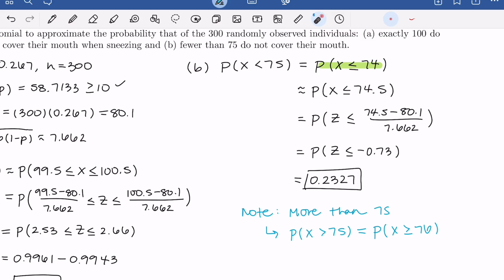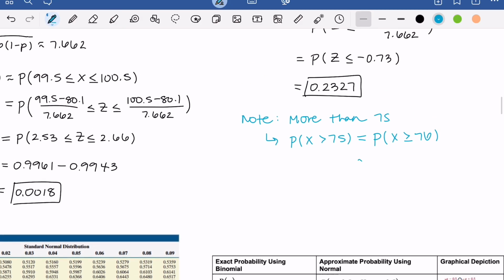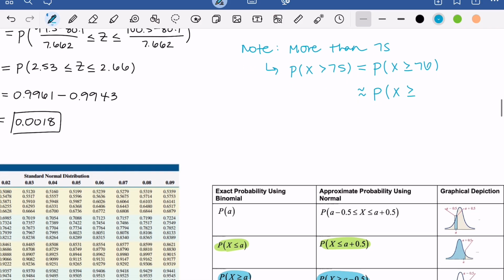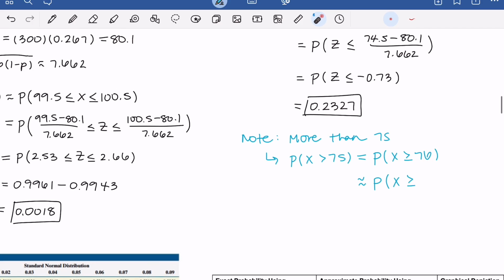We are looking at values greater than 75, which includes 76. So now we have an inclusivity statement, and we can use these. We approximate this using the probability that x is greater than or equal to a minus 0.5. So in this case, 76 minus 0.5, which gives us 75.5.